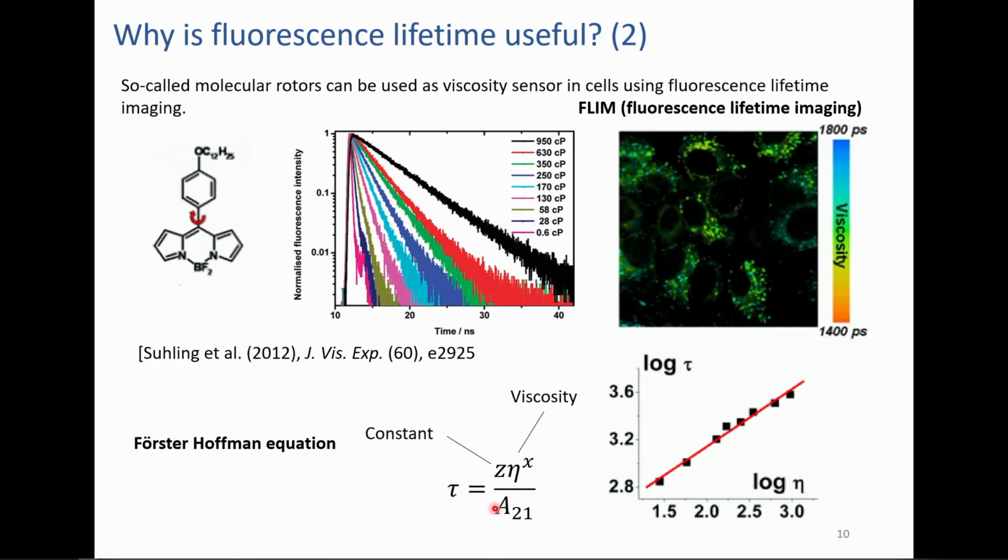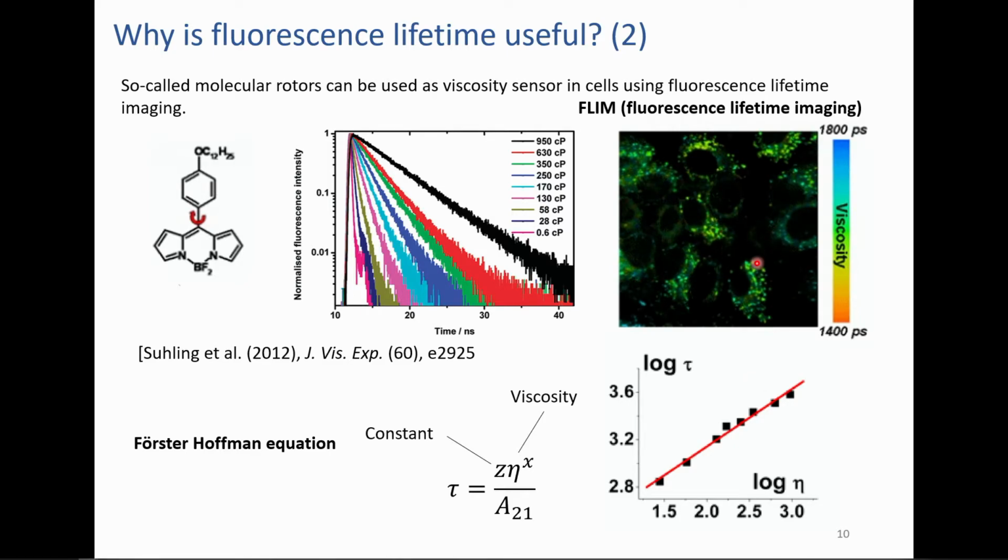But you can see that there is a viscosity term in there, eta, and there's the 1 over A21, which is essentially the natural lifetime of the molecule, and you can see how as you increase the viscosity, the lifetime goes up. You can calibrate this system, and then you can use this, for example, in cells, and the dye can then report whether inside the cell you see these dots, and you see bluish regions and green regions.